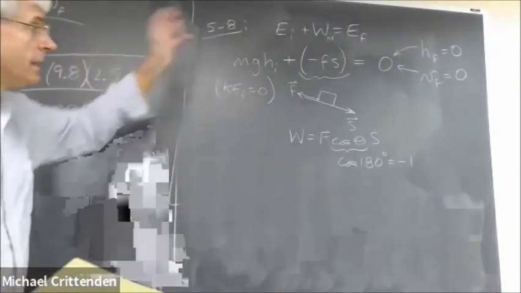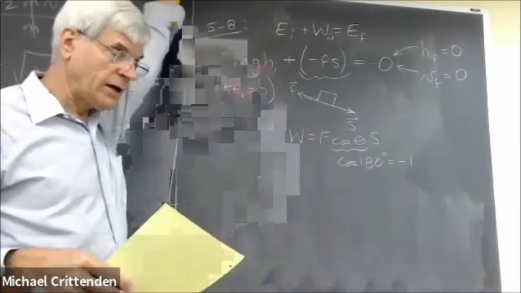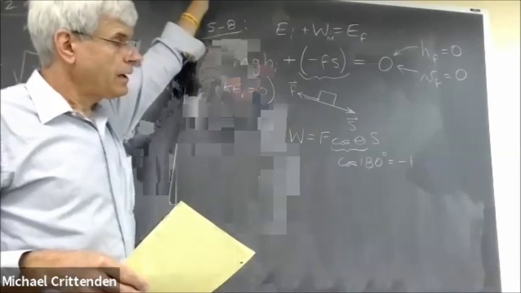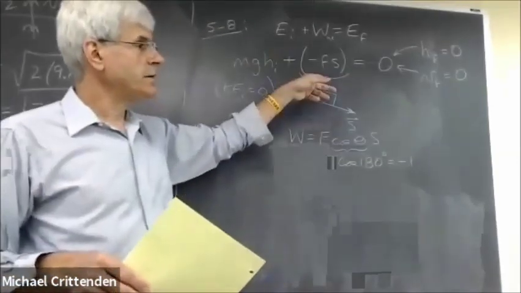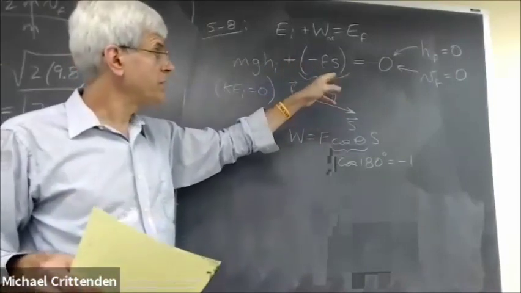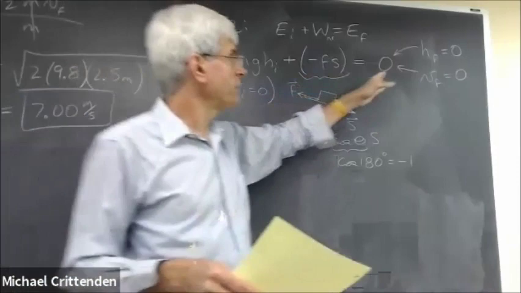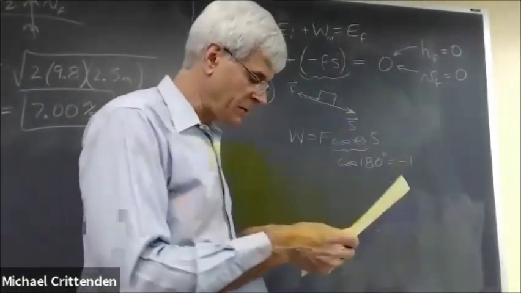So what's going on is there was originally some potential energy because the child was elevated, as the kid slid along, that energy was converted into heat, basically, because of work done by friction. And so in the end, it's gone. It's dissipated into the environment.